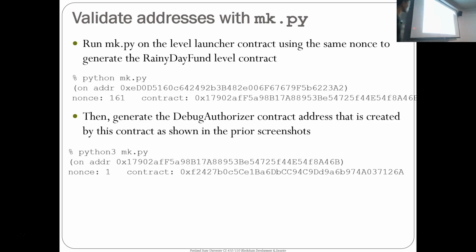So here's what I'm going to do. This is the launcher, and I'm going to run mk.py on the launcher address and then the nonce 161, and that's going to generate the address that I see in Etherscan.